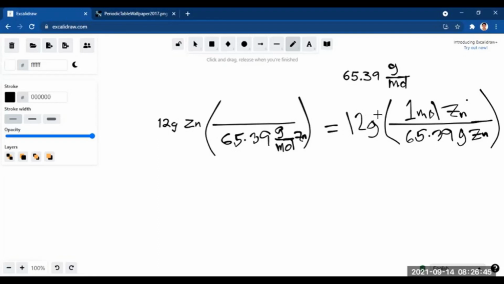So we cancel grams, and we will now be left with moles. The answer: 12 divided by 65.39 is equal to 0.1835 moles.